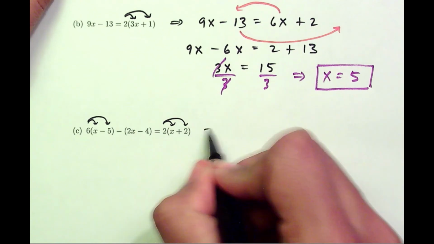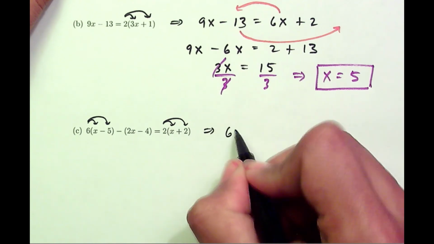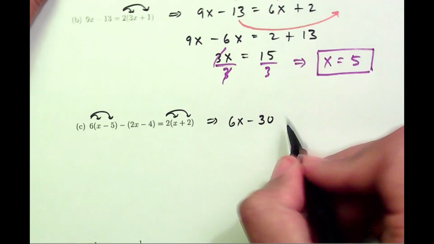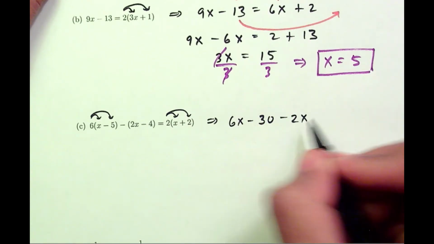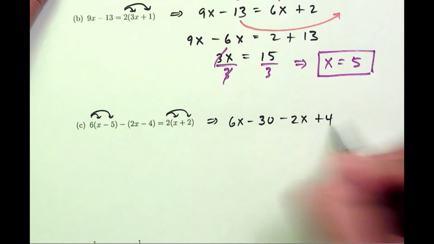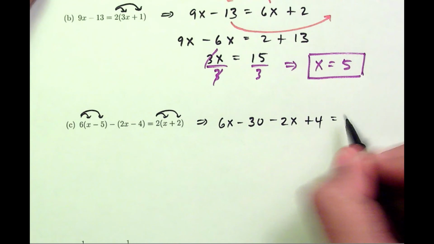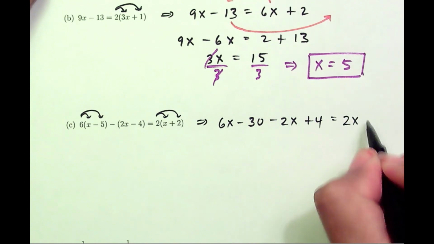So we're going to get 6x minus 30. And then when you distribute this minus, this is going to be negative 2x plus 4. And then on the right hand side, this is going to be 2x plus 4.